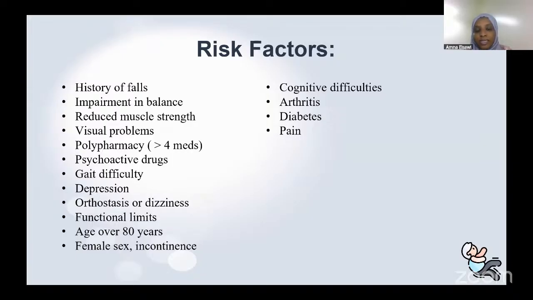Females usually tend to have more risk than their male counterparts. Incontinence is also a risk factor because it can lead to the floor being slippery, which increases the risk of adults falling. Cognitive difficulties, arthritis, diabetes, and interestingly, pain is also a risk. It's a very interesting point which I'll explain a little bit further in the coming slides.